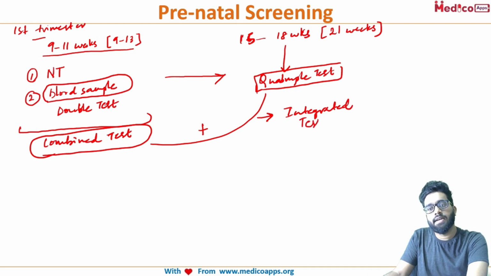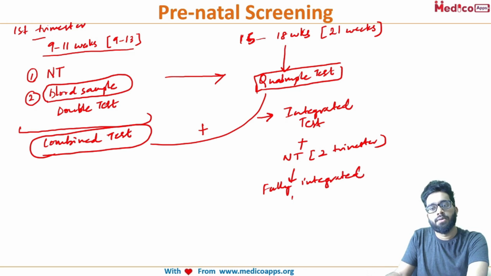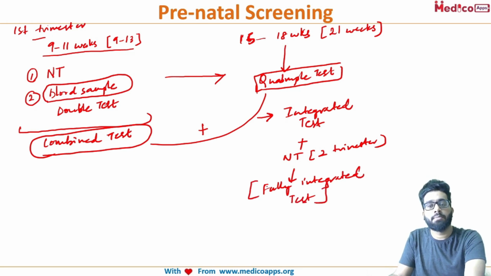This integrated test plus a nuchal translucency test done in the second trimester also is called a fully integrated test. So what does this mean? Basically, this is a screening method. We are looking at markers. We are not directly looking at the karyotype of the baby, whether it's 100% Down's or not.